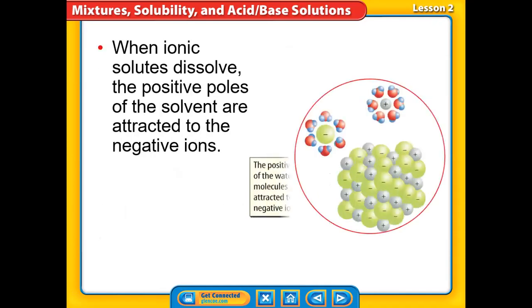Now let's look at the case of ionic compounds like table salt. You're going to find that the table salt is made of sodium ions, which are in silver or gray color, while chlorine, which is a negative ion, is in green color. Once we drop a piece of salt in the water, we simply observe that the positive part of the water molecules, the hydrogen part, will surround the negative ion, the chlorine, while the negative part of the water, which is oxygen, will surround the positive sodium.